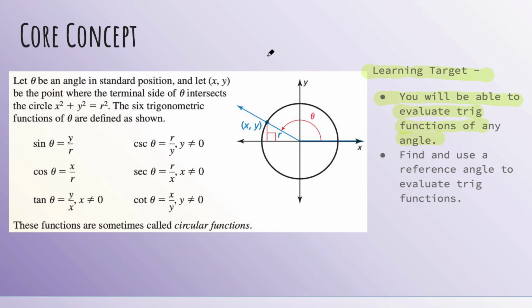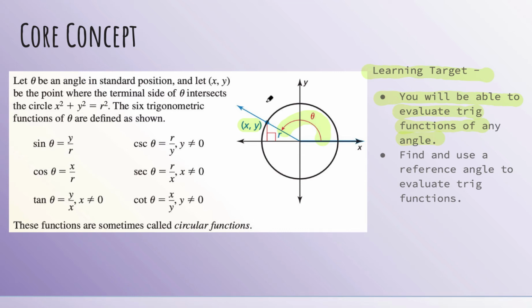So the core concept over here: we have this angle theta, and it's an angle in standard position. Here's its initial side, here's its terminal side, and this point (x, y) is the point on the terminal side where theta intersects this circle, x squared plus y squared equals r squared.